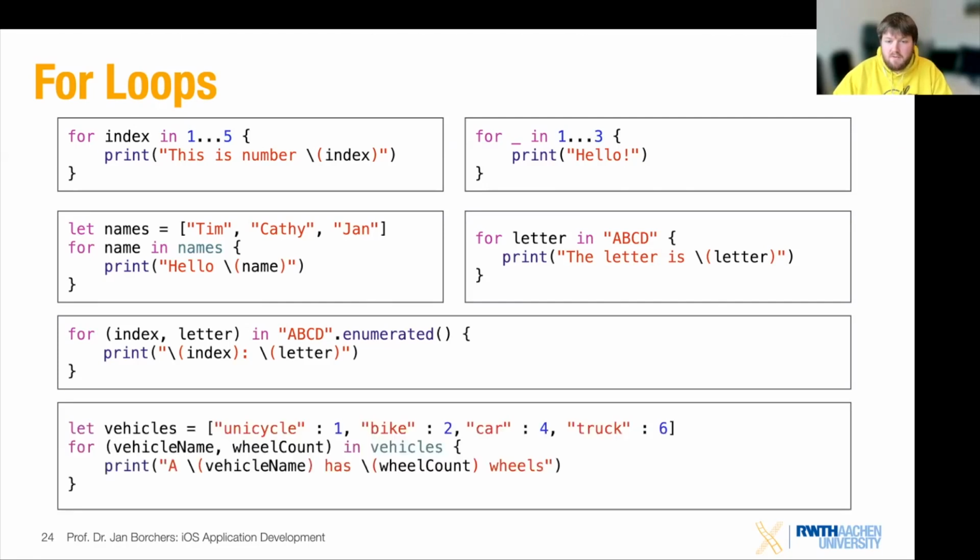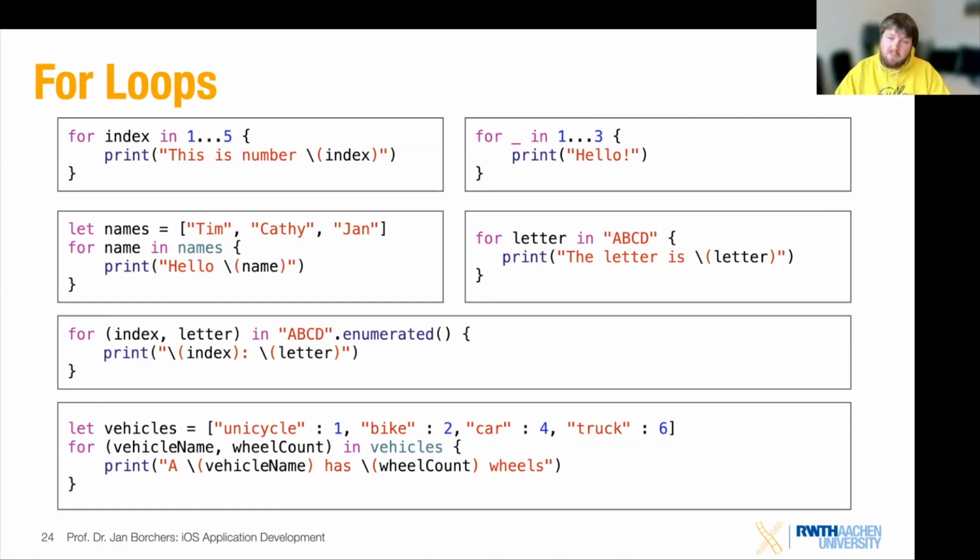And of course, it also works with dictionaries. If I have here a dictionary with vehicles and they have a string as the key, and then the number of wheels that this vehicle has as the value, I can similarly iterate over this dictionary, so that I create a tuple that has the name and the wheel count directly in there.